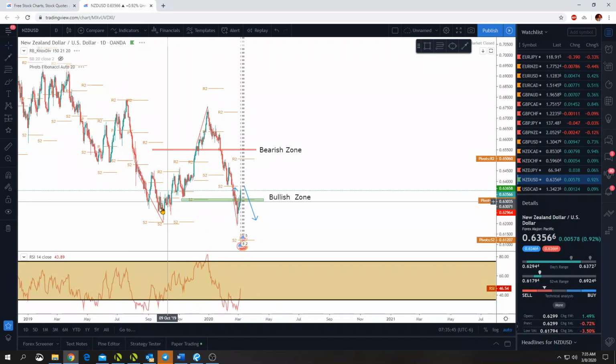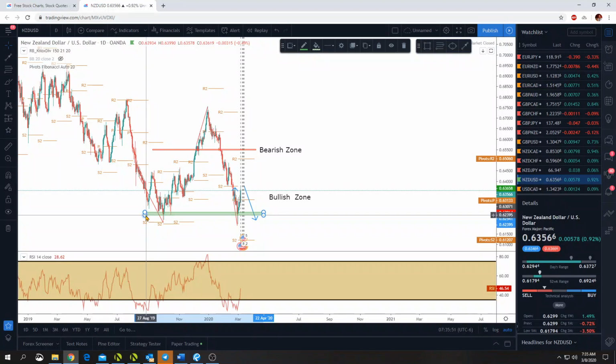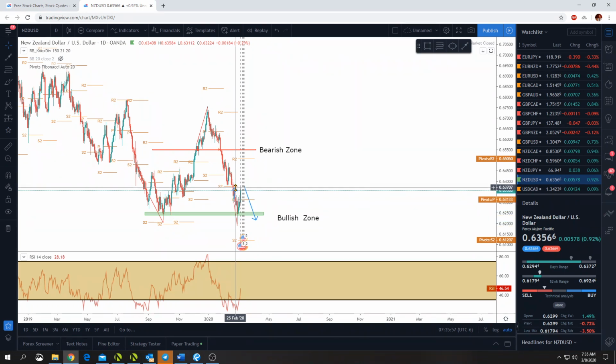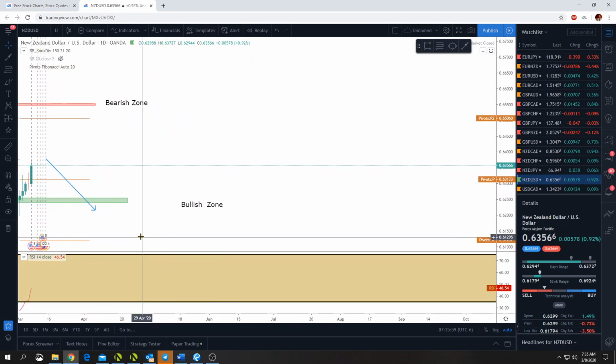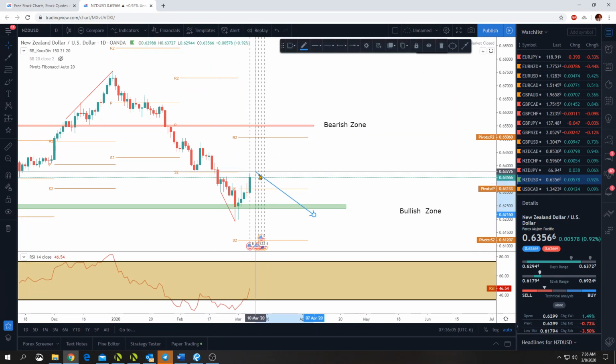NZD USD. Okay, we kind of bottomed out right here. Great place, if we get it again, to look for a buy. But you can see from our prediction arrows last week, we're looking for price to come up and go short again from up here.